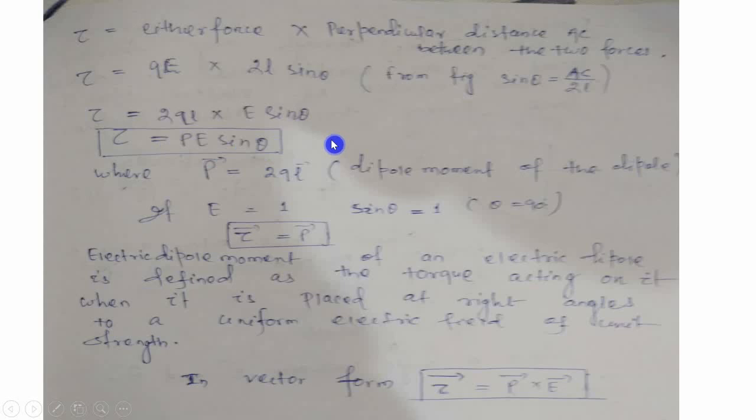As we know, the dipole moment is represented as 2ql, so we write p here, and it becomes pE sin theta.